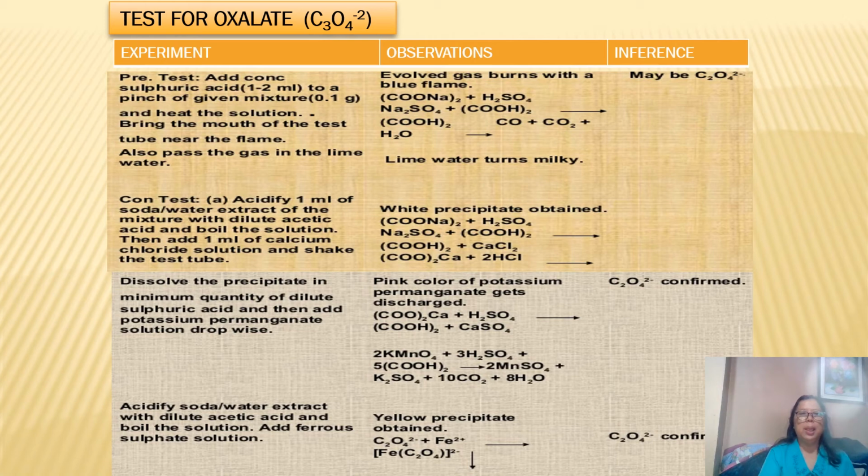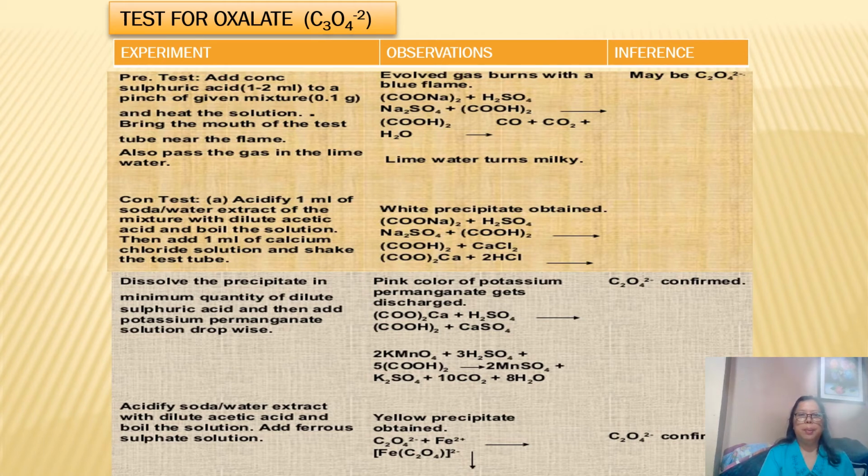But to confirm the test, after acidifying the extract, whether the soda or water extract of the mixture or unknown, with dilute acetic acid and then boil the solution and then add calcium chloride. If the test tube will eventually form a white precipitate, you could say that oxalate might be present.